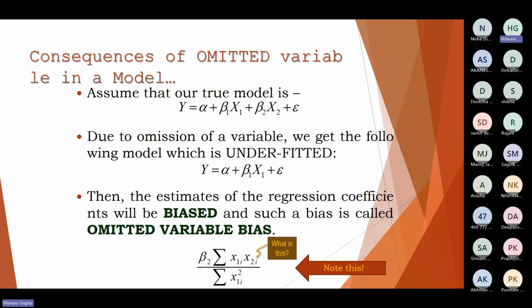Weight and age are related to each other. So I can say that my independent variable and error term are related. So this is what I have observed: this is one of the variables which is related to my age. So my answer will be biased.